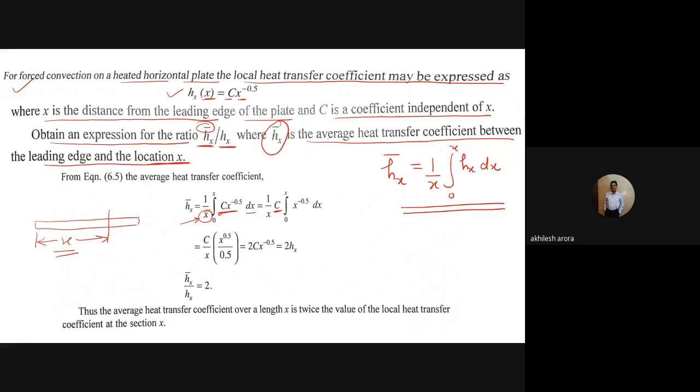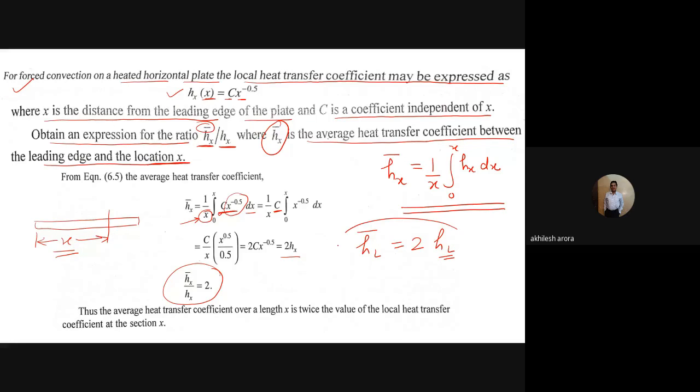The heat transfer coefficient varies with x raised to power minus 0.5. When you calculate, you will find that this ratio comes out to be 2. I have already told you that when we got the solution of the boundary layer equations, we saw that the average heat transfer coefficient is equal to twice the local heat transfer coefficient.